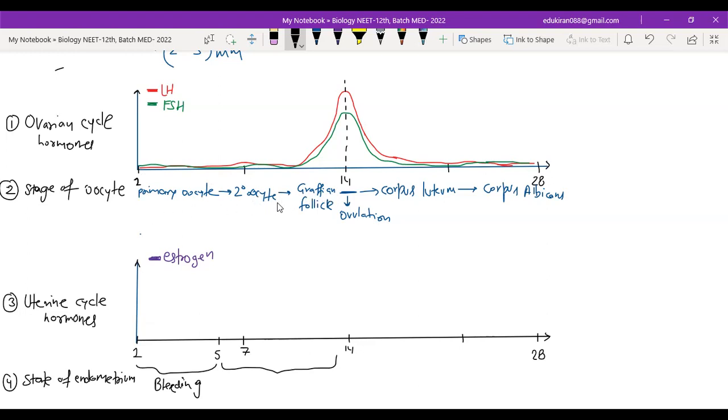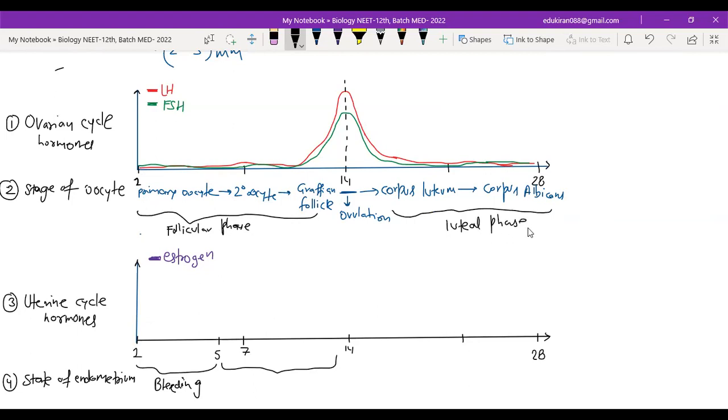This was the follicular phase, Graafian follicle. You understood? This is the follicular phase. Is it clear? Then ovulation, and this is the luteal phase.